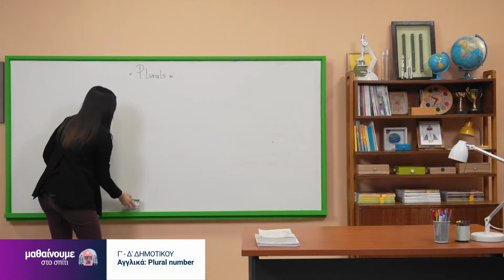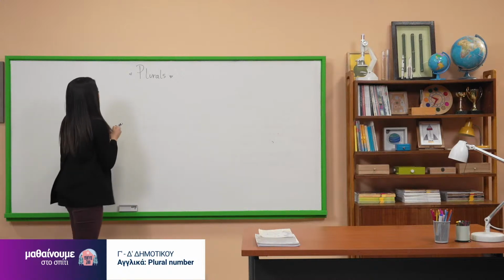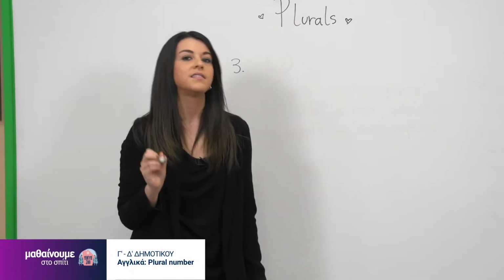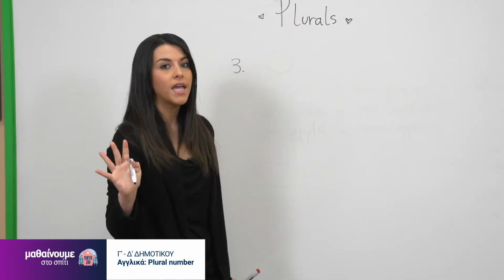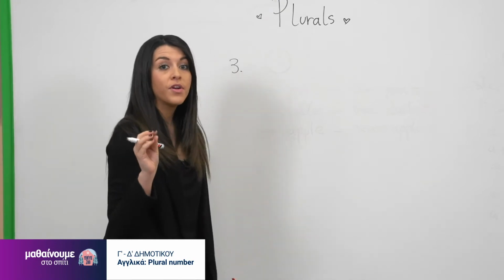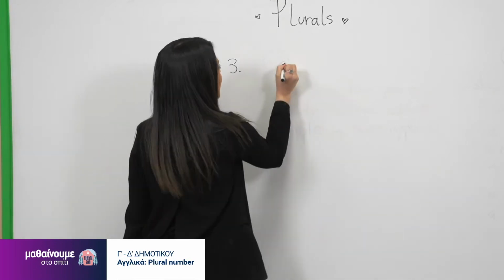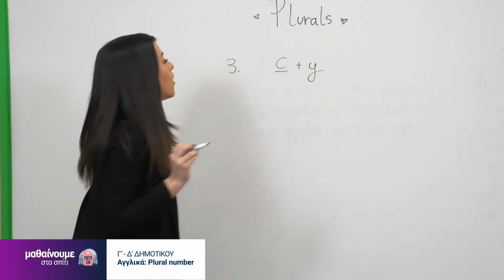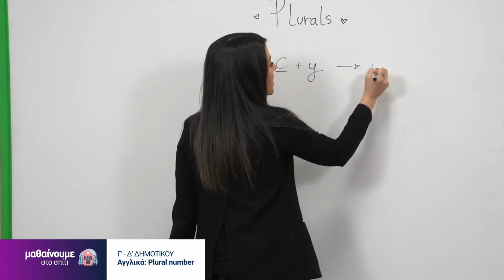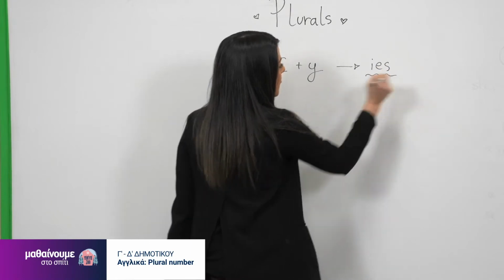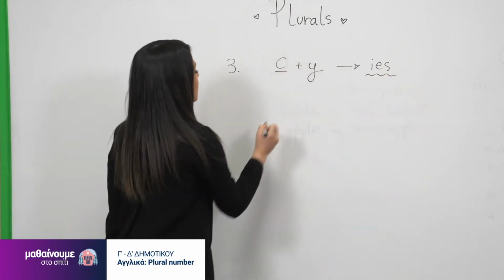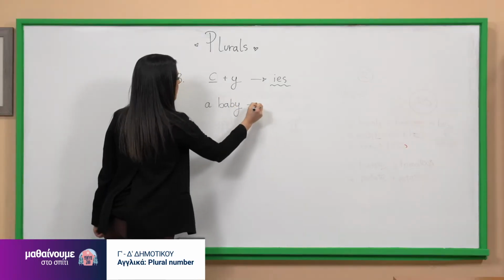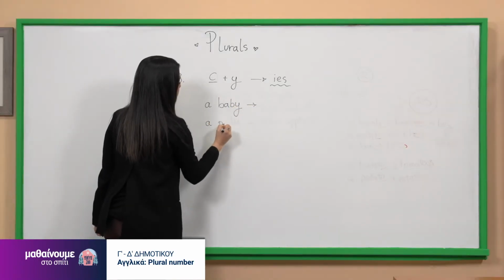So, number 3. When the noun ends in consonant and Y, okay, consonant, remember, is σύμφωνο. So if it ends in a consonant plus Y, okay, we put I-E-S. For example, let's take a baby, okay, and a party.